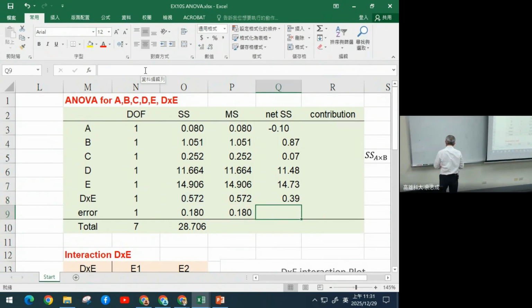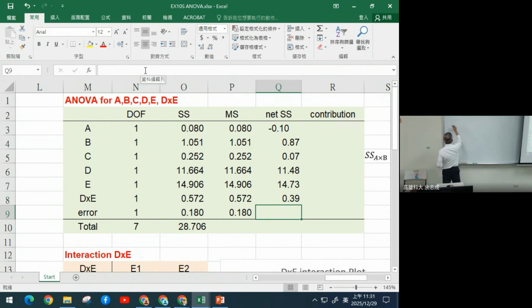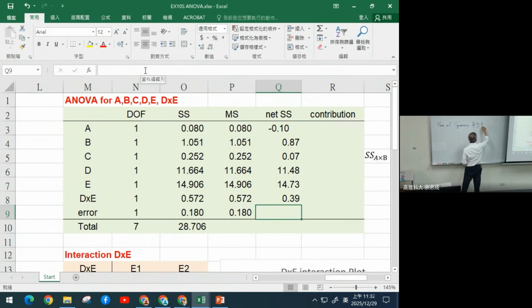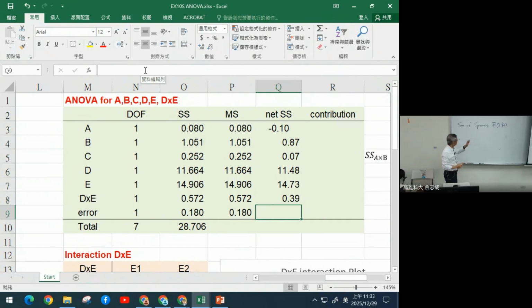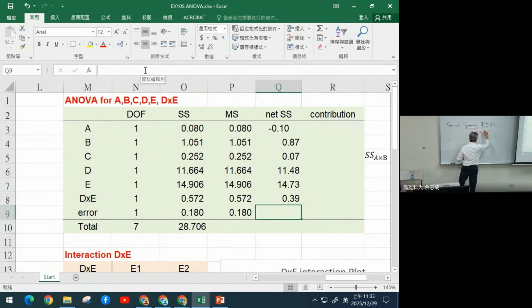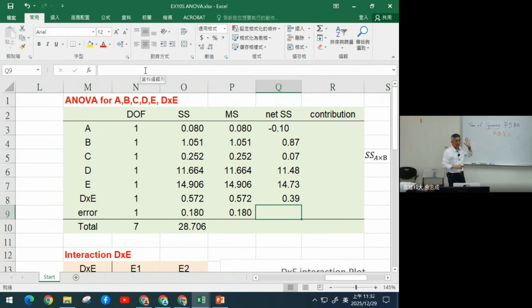All right, let's look at the term. What is sum of square? 这叫平方和。Remember, square, 平方和, which means that this will always be positive because it is a squared number.